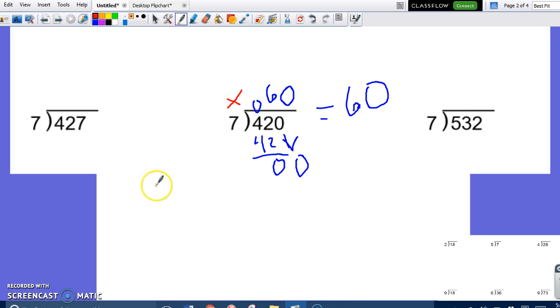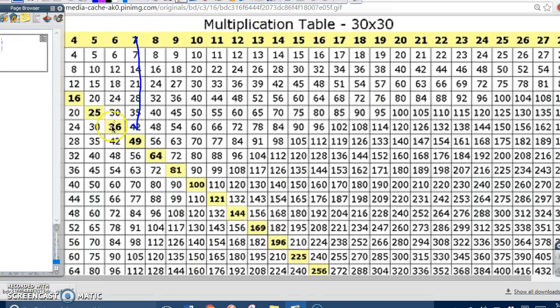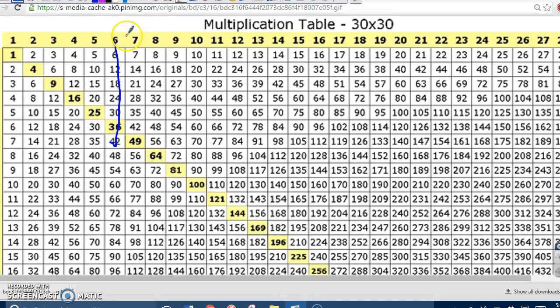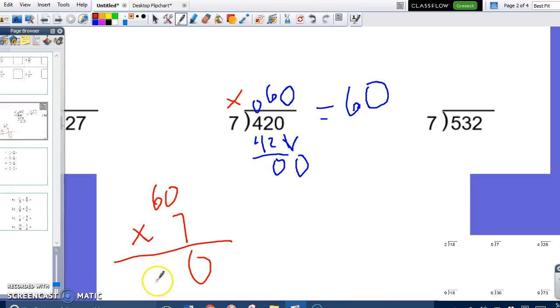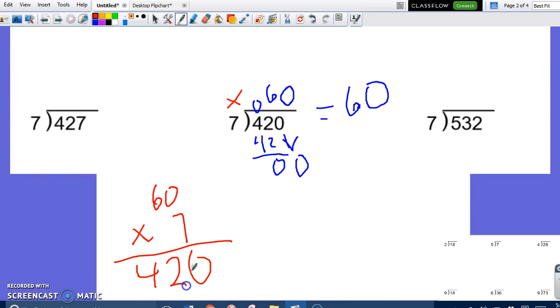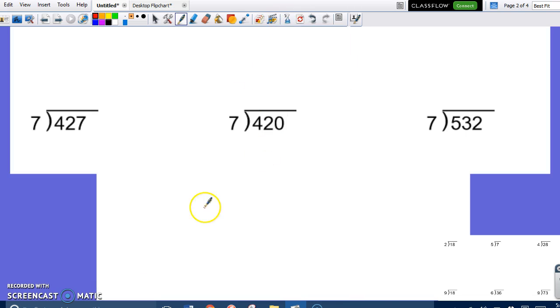I'll do it down here. 60 times 7. 0. 7 times 6, 42. Look at that. I match. Therefore, you know your answer is correct, right? Because remember, multiplication is the opposite of division. Division is the opposite of multiplication, right? Last one.